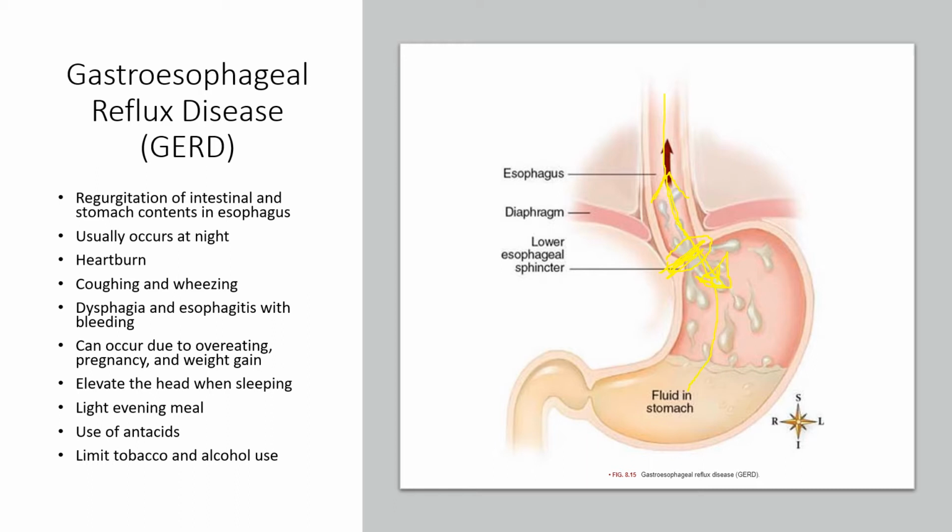The patient may also say that they vomit into their mouth several times. This could happen if the stomach contents are propelled up too far. As you know, the esophagus is in direct connection with the mouth, and these contents can get projected back into the mouth. So the patient may say that they're throwing up in their mouth.